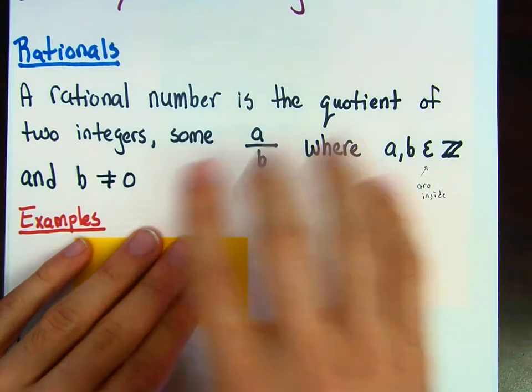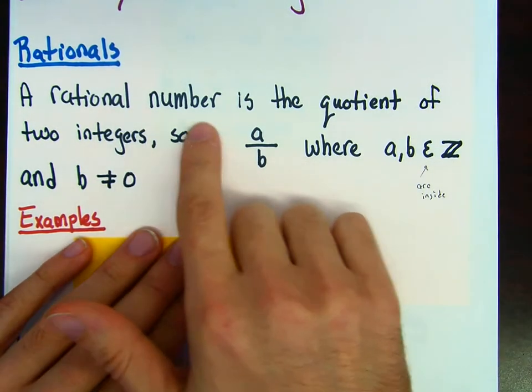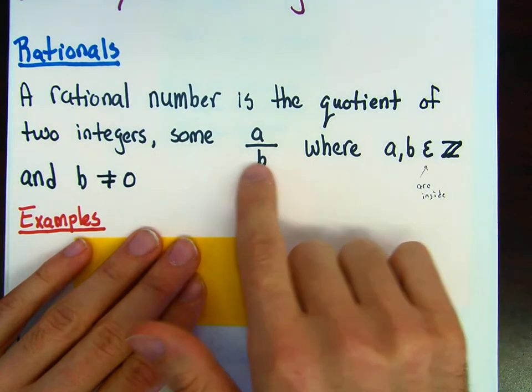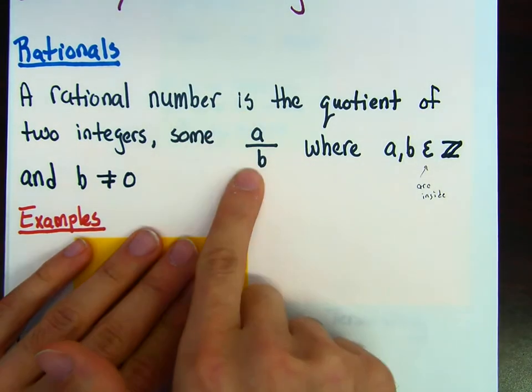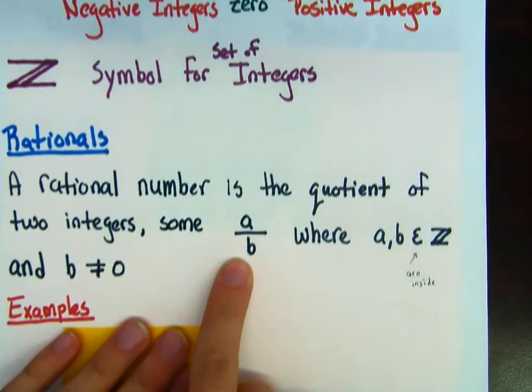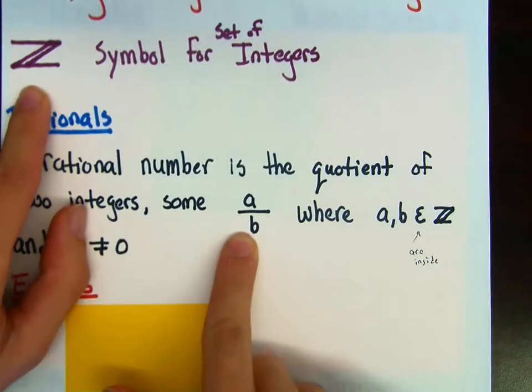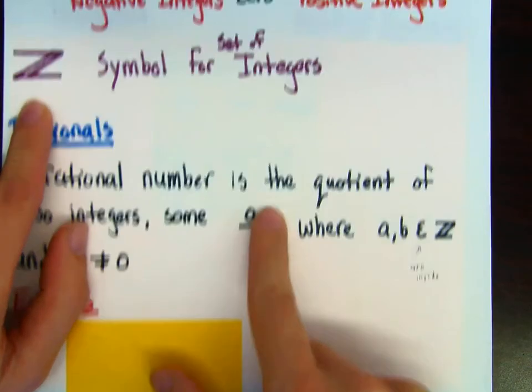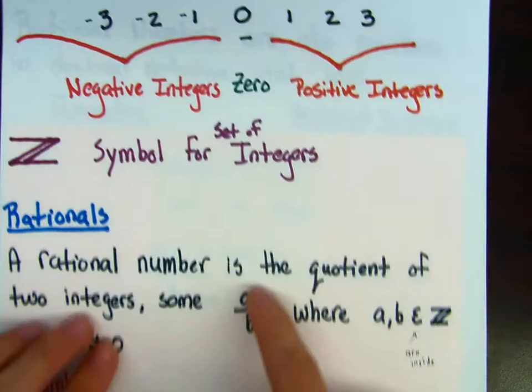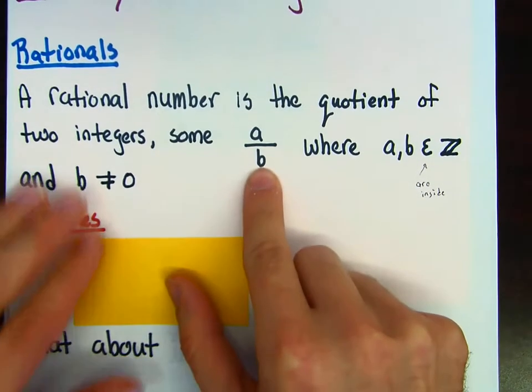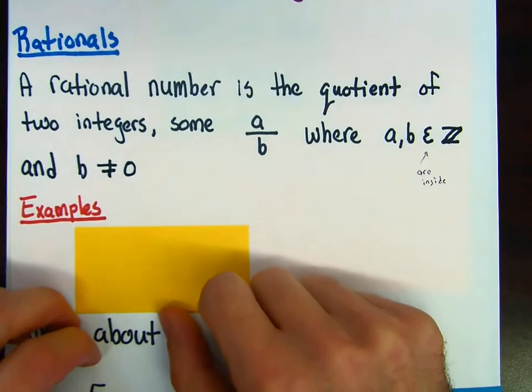So just to review this definition, a number is rational if you could express it as some integer over integer. So basically, my integers have to be in this set. I have some whole number, whether it's negative or positive, divided by some value of b.